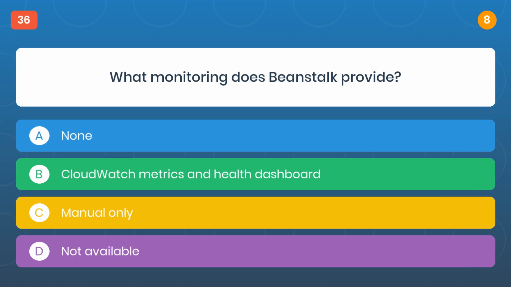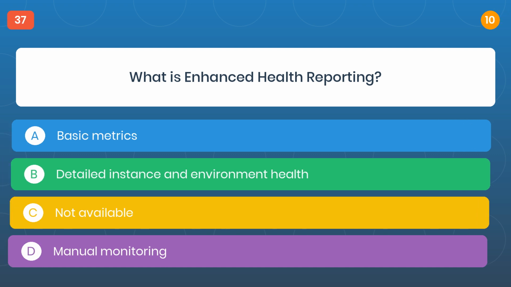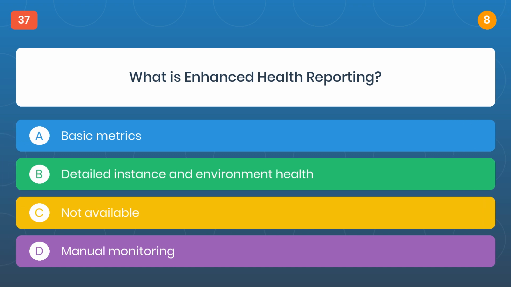Question 36. What monitoring does Beanstalk provide? The correct answer is B, CloudWatch metrics and health dashboard. Question 37. What is enhanced health reporting?